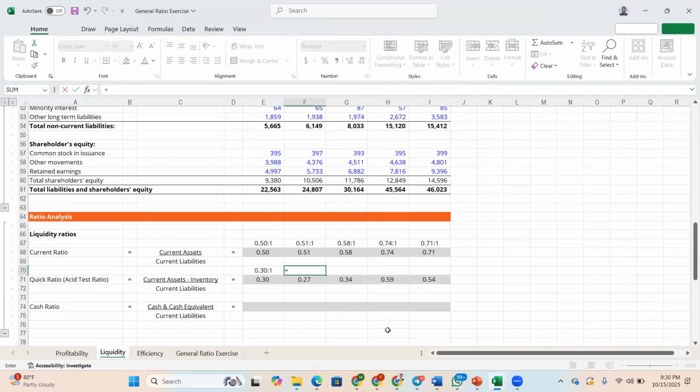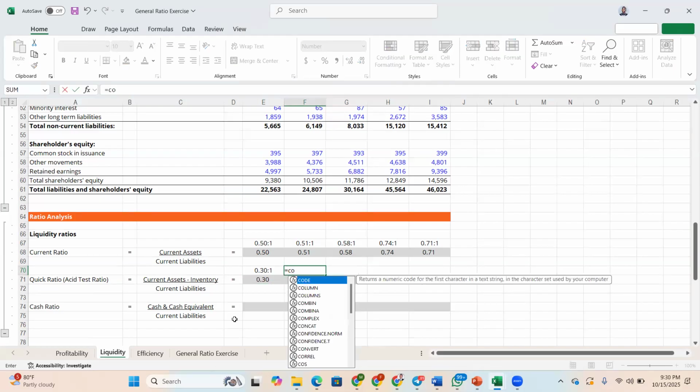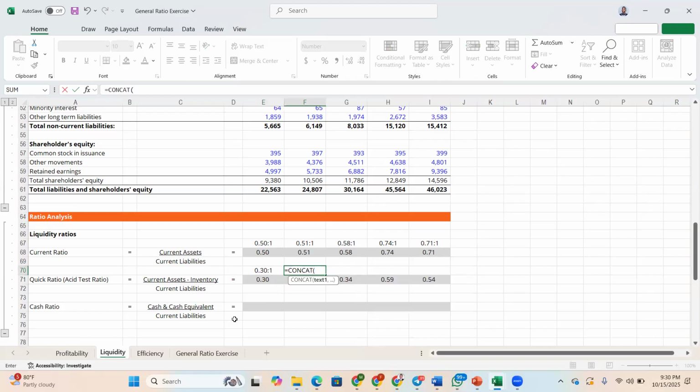Let me see if I can use concatenate. Concat this, comma. What else do I want to use?